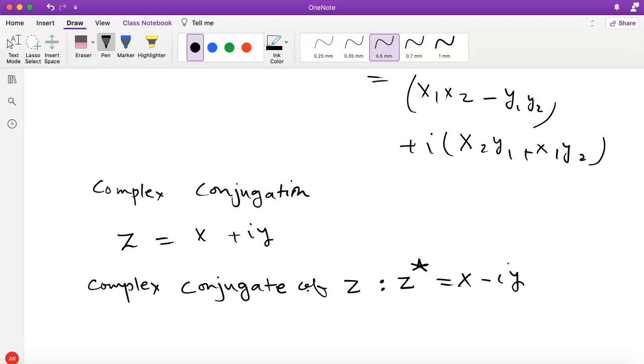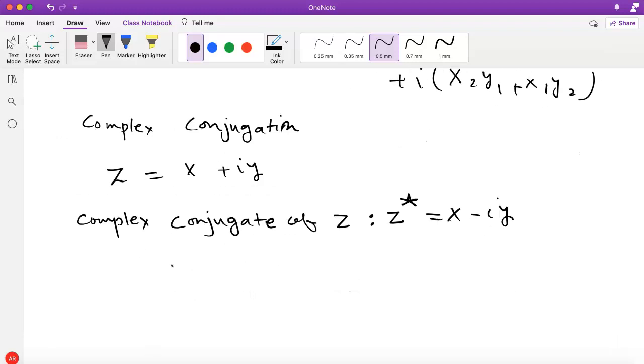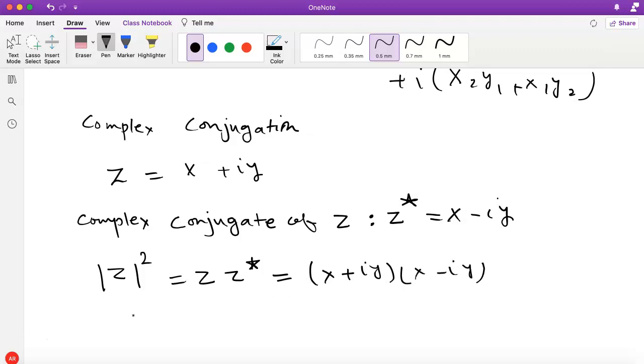You just change the sign of i when you take the complex conjugate. And then the absolute value squared of a complex number is defined as z times z star. So remember, a plus b times a minus b is a squared minus b squared.